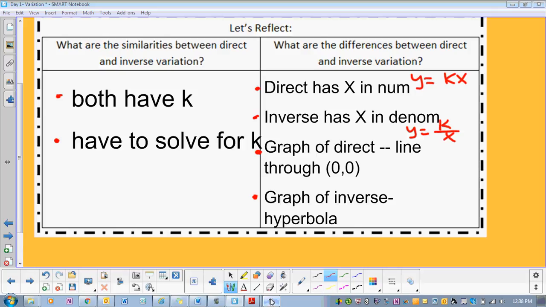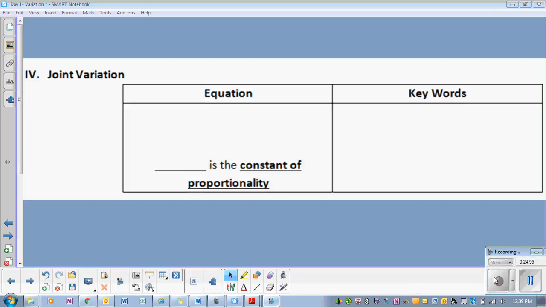All right, so the next variation relationship is joint variation.